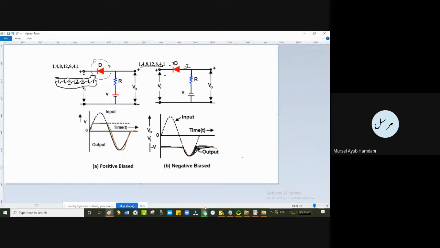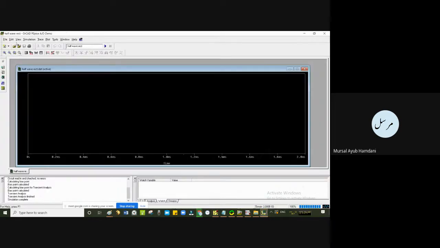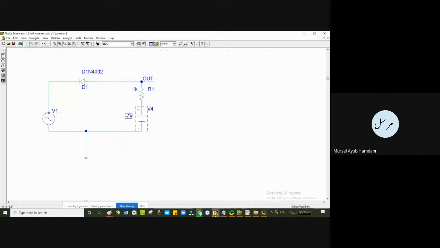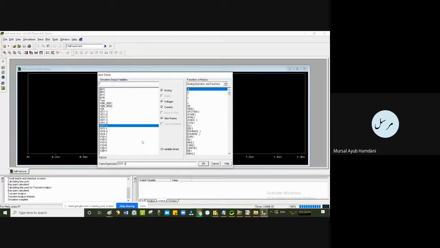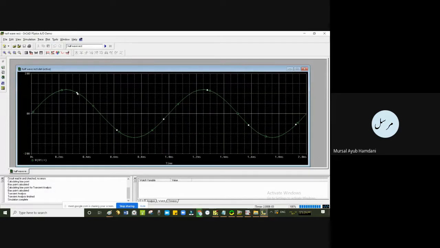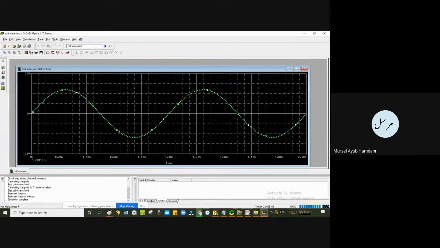Okay, so let us now check whether it works exactly like this. Yeah, so simulate. Now we shall see what we want to plot. V1 and out. Click here, properties, and out.